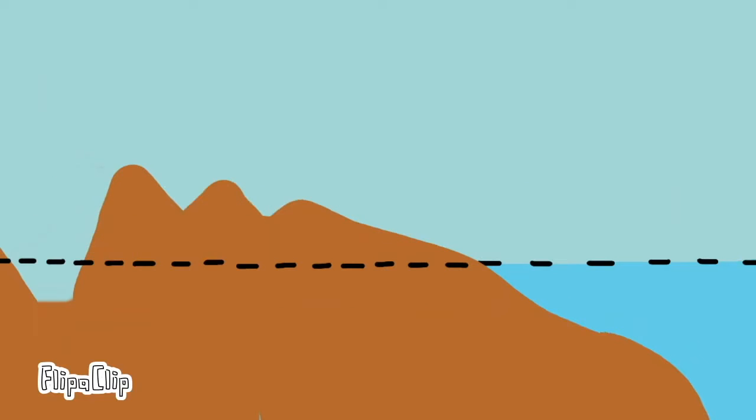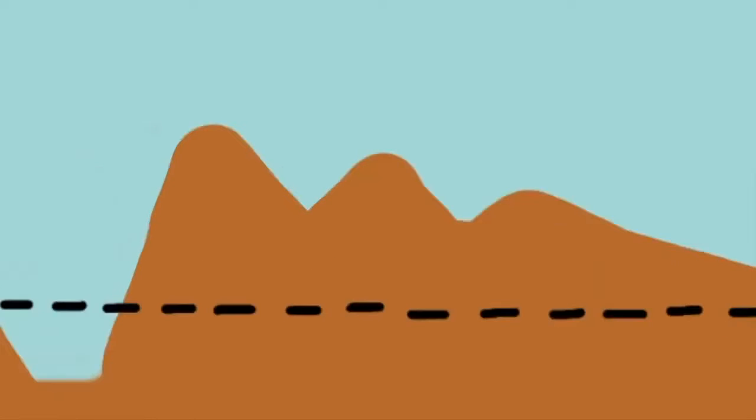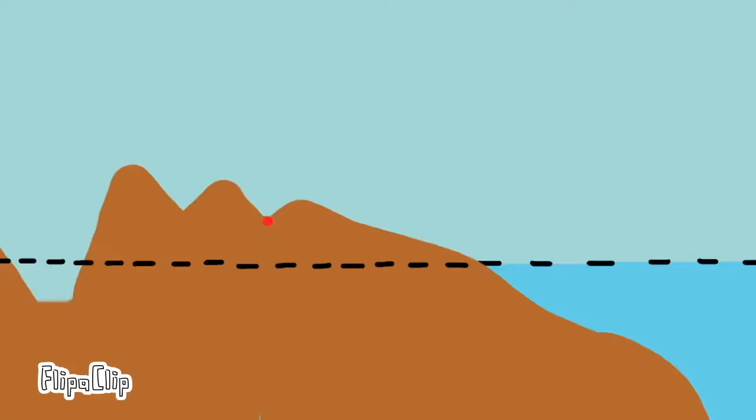This mountaintop represents an elevation which would be above sea level, and the valley floor represents an elevation that would be below sea level. This distance represents approximately 200 feet. The elevation of this point on the hill is approximately 200 feet above sea level.